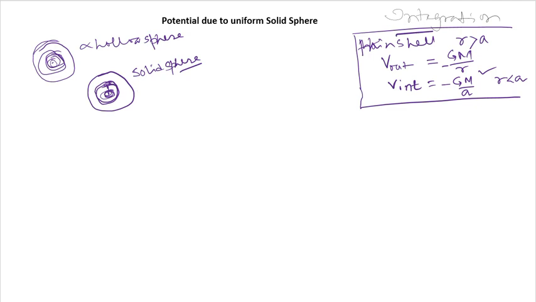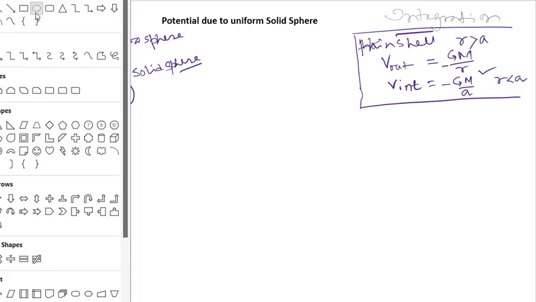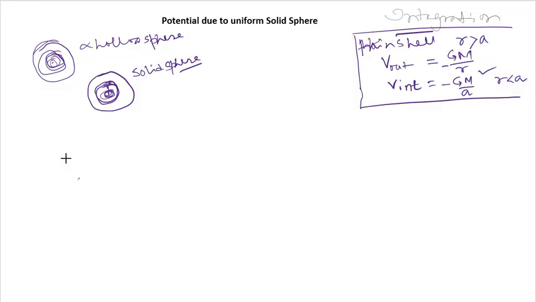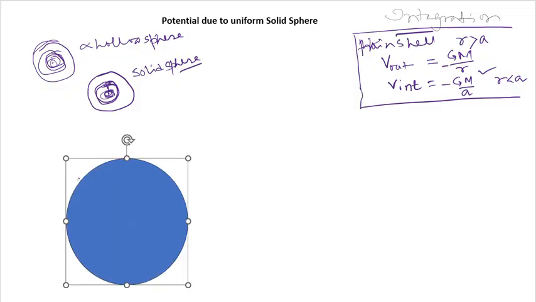Good. Now what are we going to do here? Let me try to draw one clean hollow sphere. I'll just insert a circle. Just imagine this is a hollow sphere.